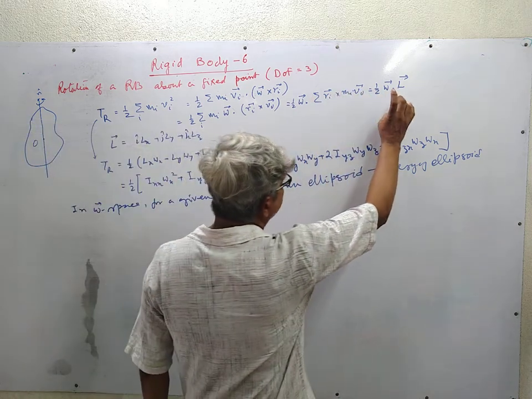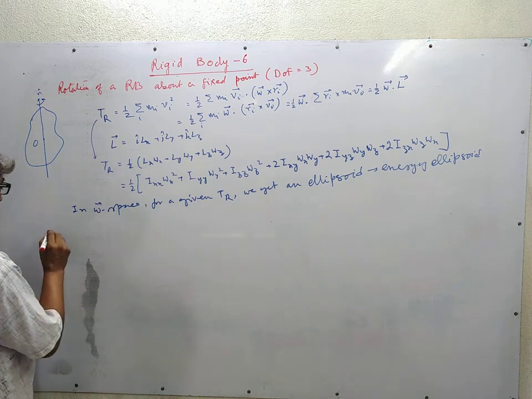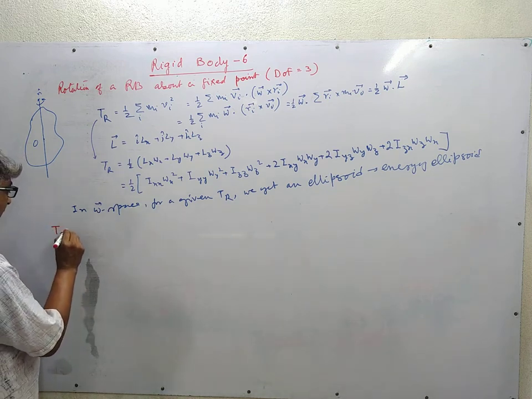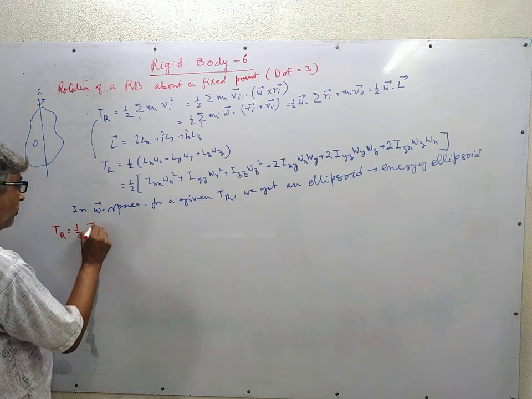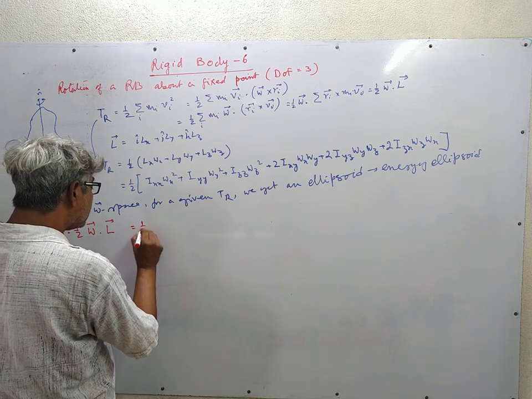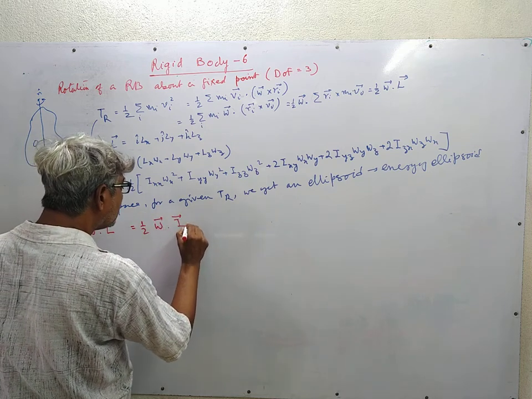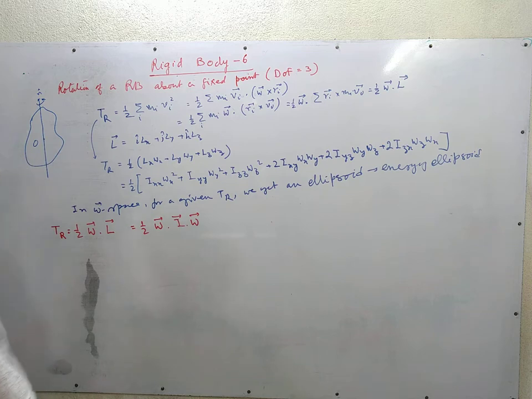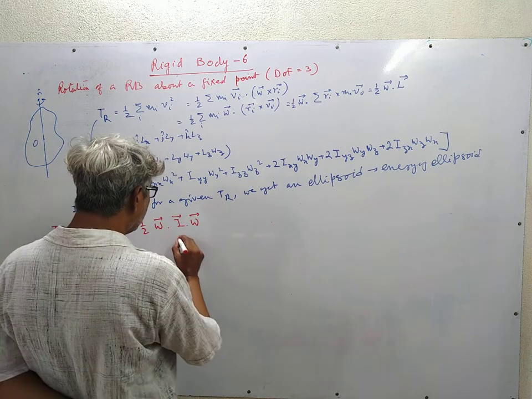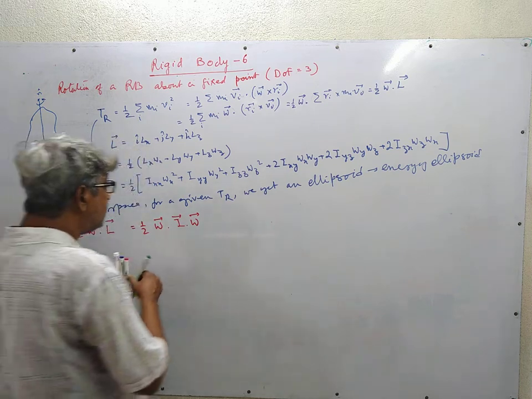We may look upon this equation from another angle. We write Tr is equal to half omega dot L. But we know that L is I dot omega, so this is half omega dot I dot omega. In matrix form, this I is a 3 by 3 matrix.